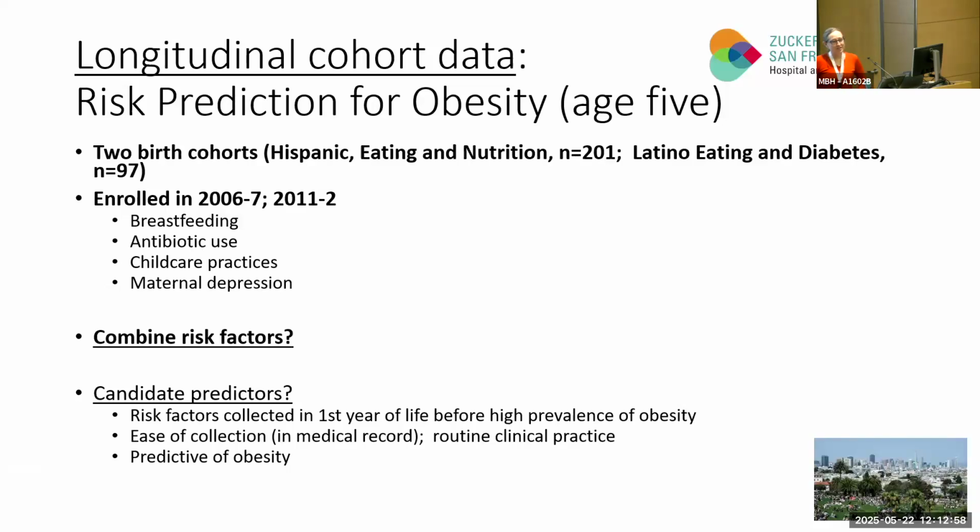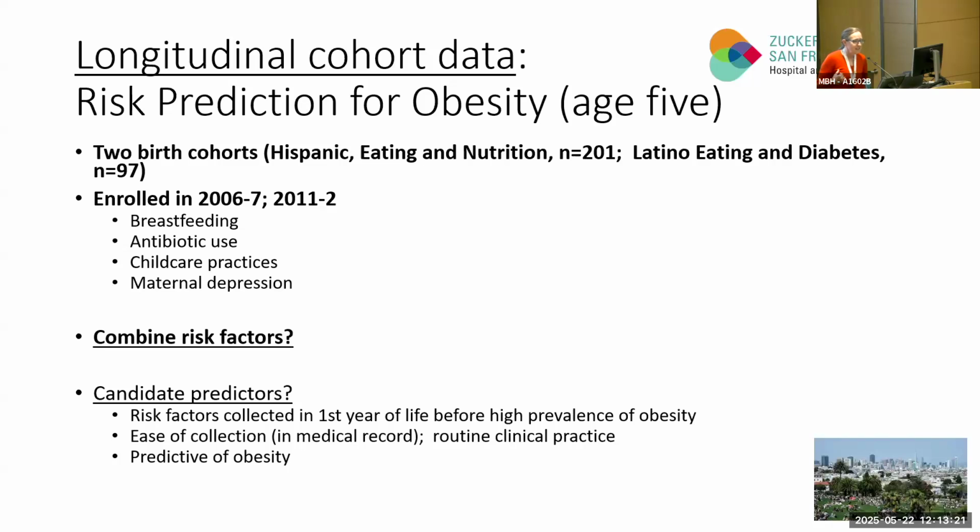And I had enrolled these women when they were pregnant, I'd collected parameters at the birth. I'd followed these kids for many years, looking at pediatric obesity outcomes. And I had been looking at a lot of these single risk factors for childhood obesity.